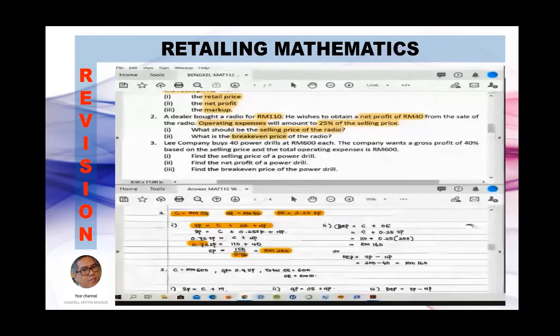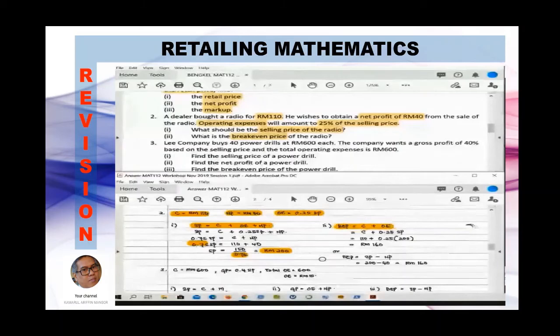So formula break even price, one of it adalah dengan menggunakan formula BEP, break even price, sama juga dengan C plus OE, iaitu cost plus the operating expenses. So kat sini kita dah tahu nilai cost dia bersama dengan 110 dan operating expenses diberi dalam bentuk 0.25 SP.